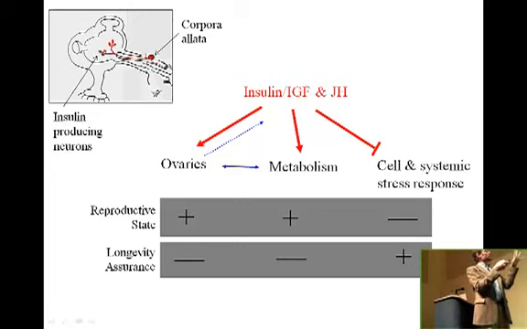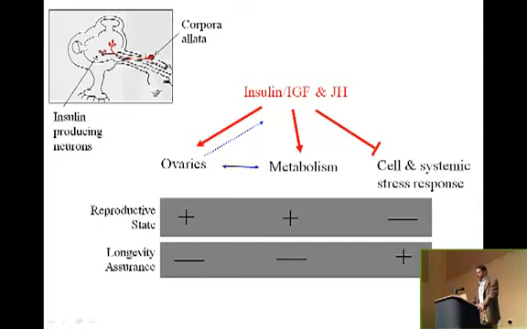But change the environment and the flies can adopt a syndrome of longevity assurance where reproduction is turned off directly through these pathways, metabolism changes or is reduced, and then stress responses and longevity assurance systems are turned on. And these are regulated by these hormones, and I think it works this way because this is part of the natural life history of Drosophila and other insects.